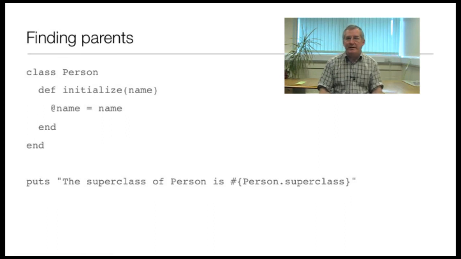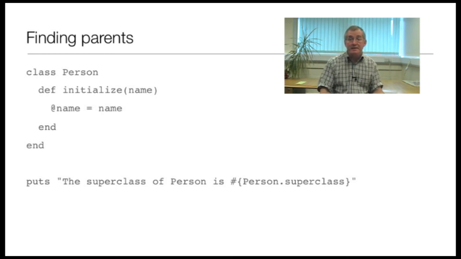Interestingly, because it hasn't got a subclass statement in it, we will actually get a result from this. So if you want to perform some analysis on an inheritance hierarchy, all classes have a superclass method assigned to them.